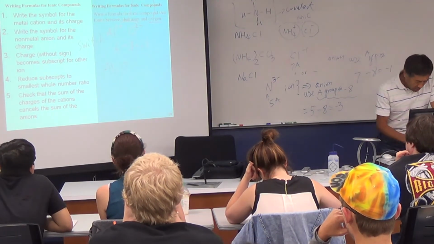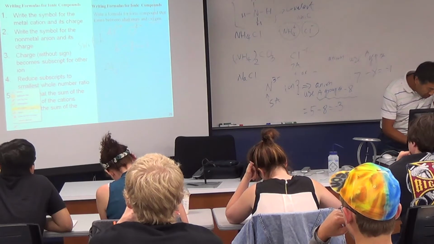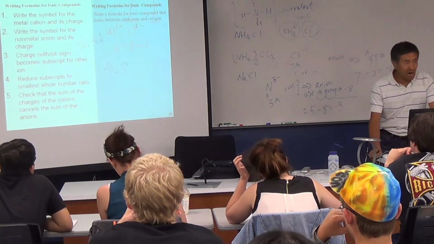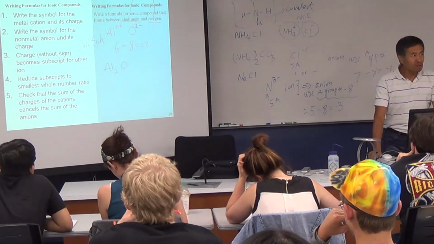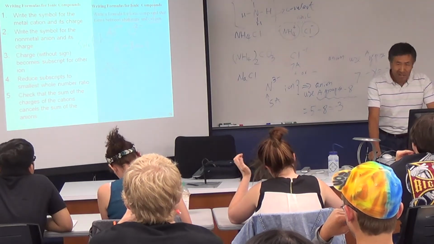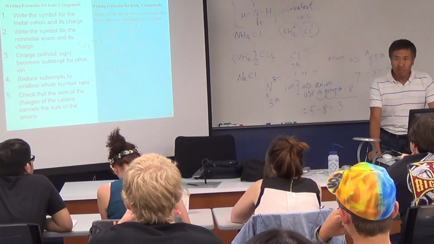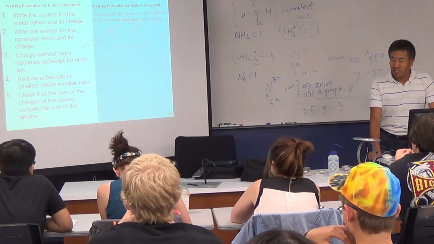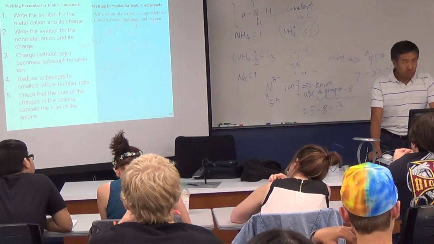Right? Now I will take the number from the other ion, from the other element. The other element is Al. The charge number for Al is 3 plus.